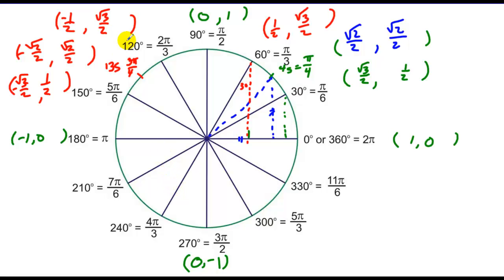Now I can fold all this over the x-axis, and each of these points will fold onto the points down in the third and fourth quadrant. So let's go ahead and do this. When I flip this point over, it lands here, but since I'm in the third quadrant, both x's and y's are negative.